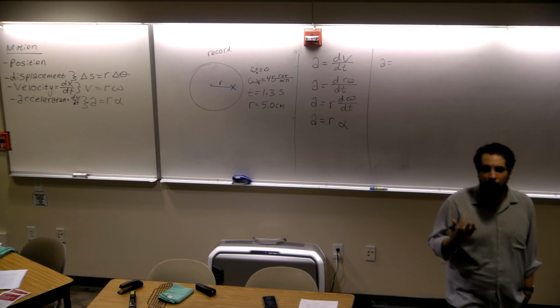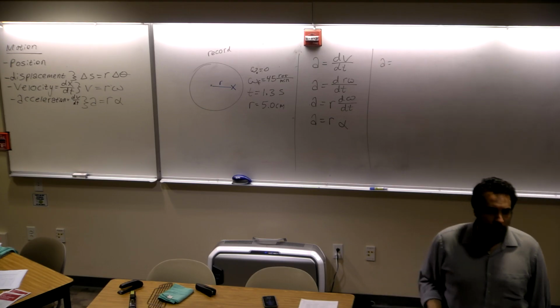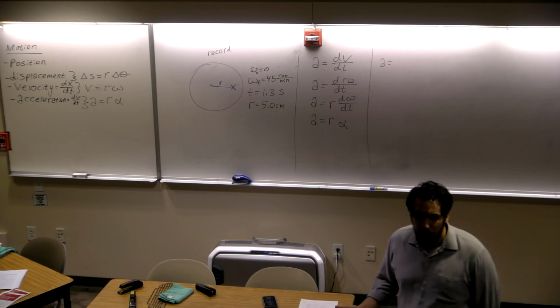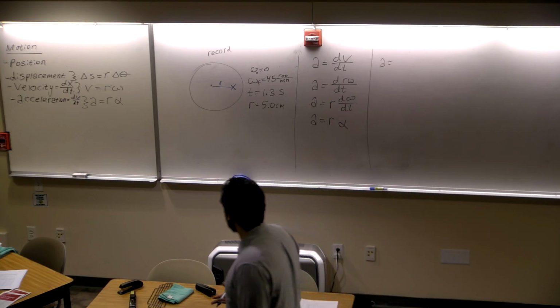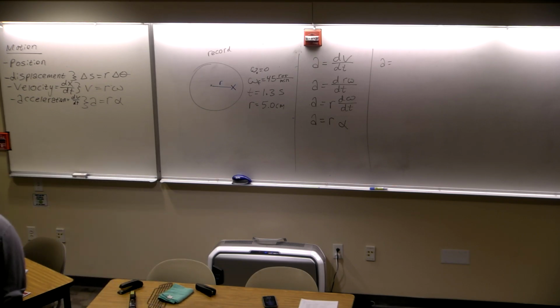Well, how are we going to do this? We're going to figure out what our angular acceleration alpha is. How do we do that? We go back to our kinematic motion equations, which might say that your final velocity is your initial velocity plus acceleration times time. We have time, final velocity, and initial velocity.